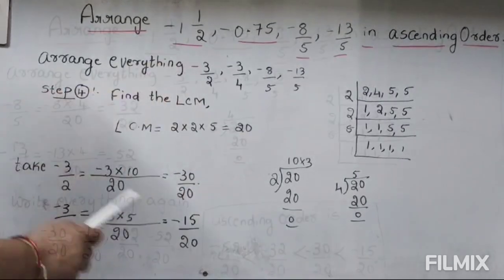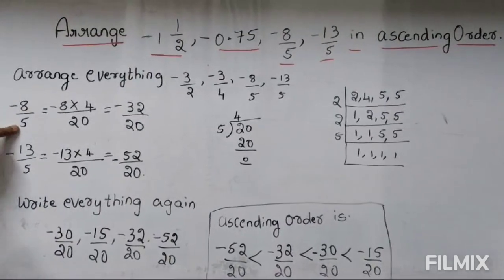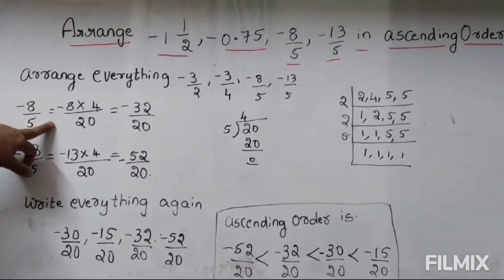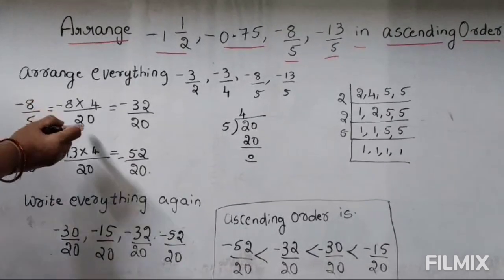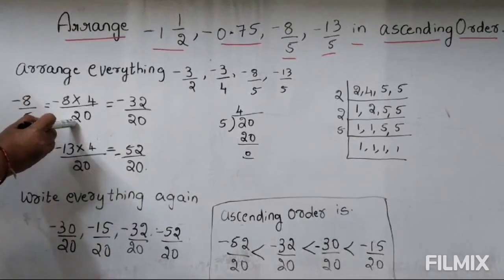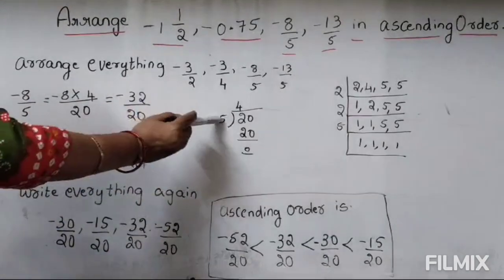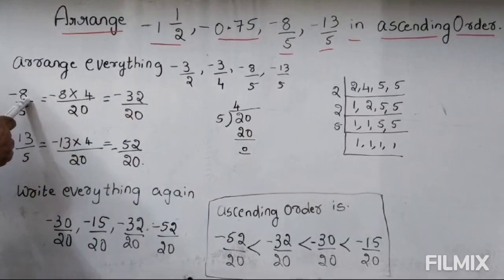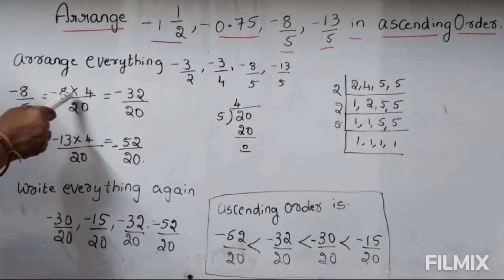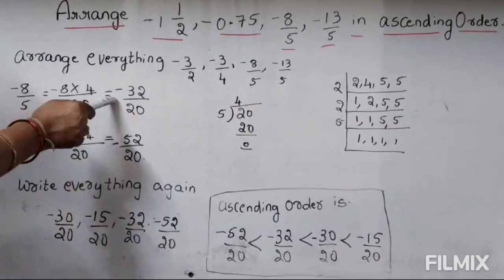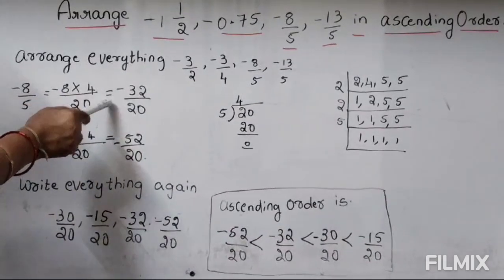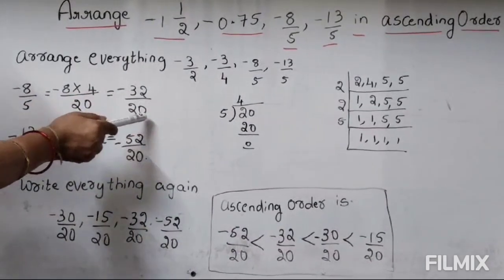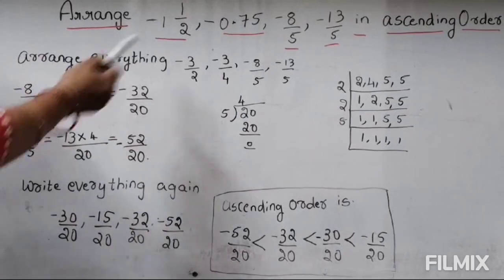The next one, let me show. Minus 8 by 5 is equal to 20 should be the denominator. So 5 4s are 20. 4 should be multiplied by 8. That is minus 8 into 4, 8 4s are 32. Minus 32 by 20.